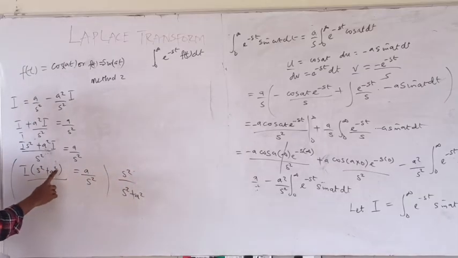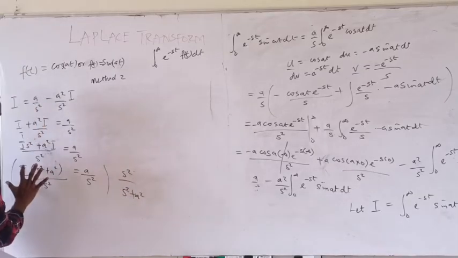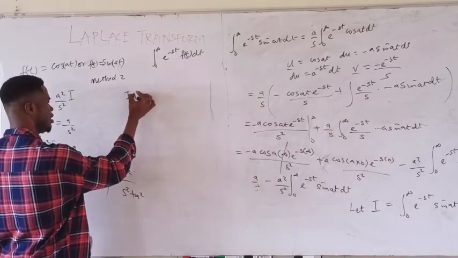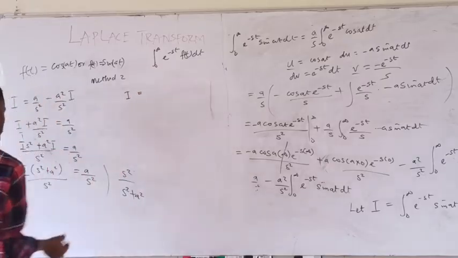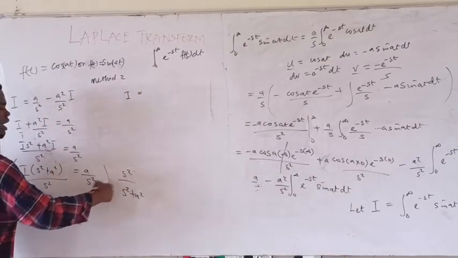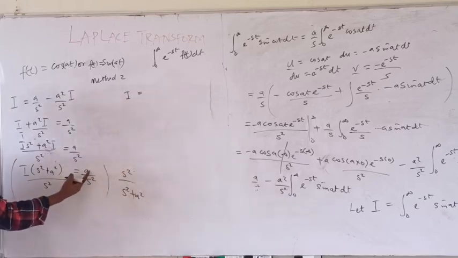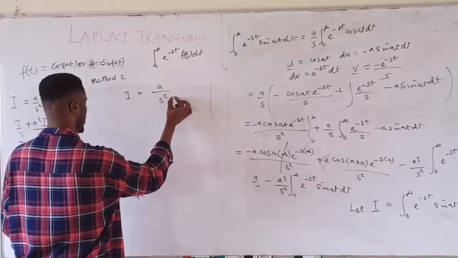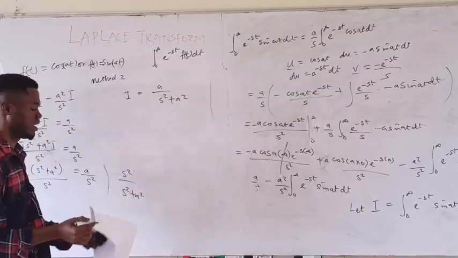If s squared plus a squared multiplies a squared, that means on my left hand side now, I only have I, right? Which is equal to, now s squared multiplies s squared goes, but what will remain is a over s squared plus a squared, right?